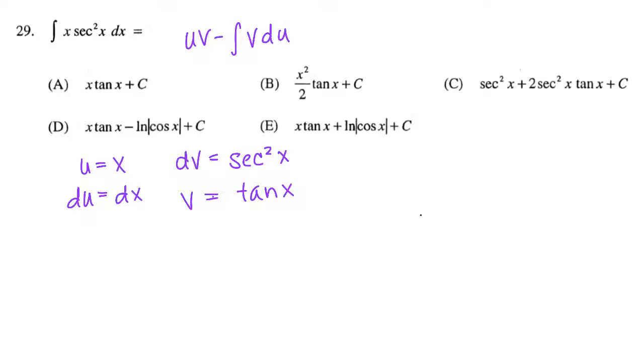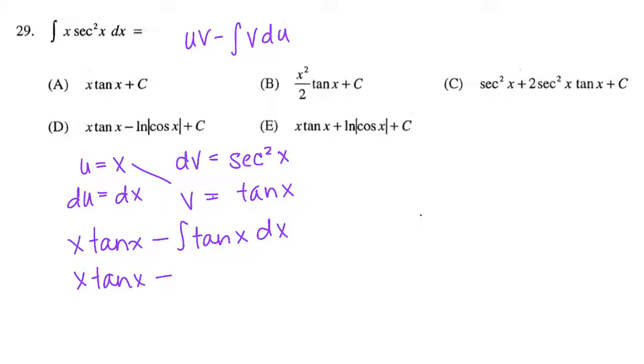And so now we're going to plug into our sunshine. So u times v, so I have x times tangent x minus the integral of v du, so tangent x dx. So here we have x times tangent x minus, and if I integrate tangent x, that's going to be negative natural log absolute value of cosine of x.